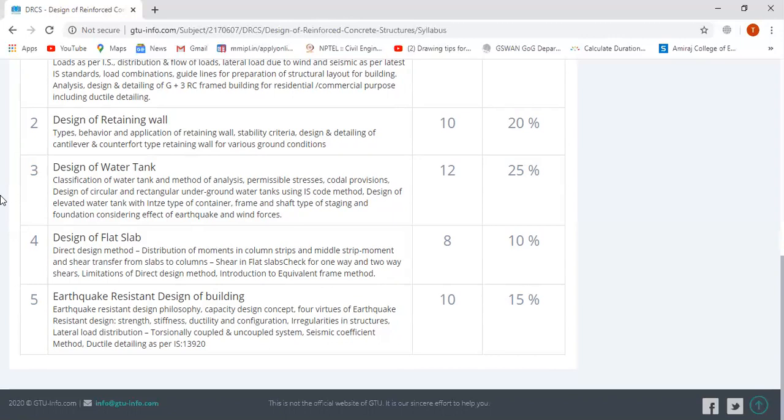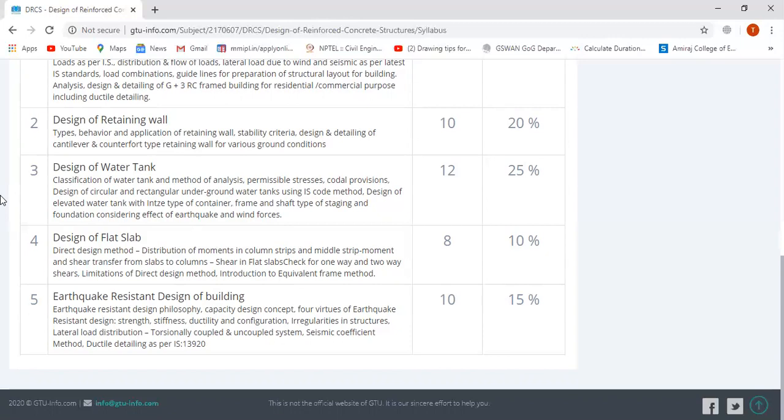Have a look at what we learn in earthquake resistant design for buildings. Earthquake resistant design philosophy, capacity design concept, four virtues of earthquake resistant design: strength, stiffness, ductility, and configuration, irregularities in structure, lateral load, distribution of lateral load, torsionally coupled and uncoupled system, seismic coefficient, method of ductile detailing as per IS 13920.